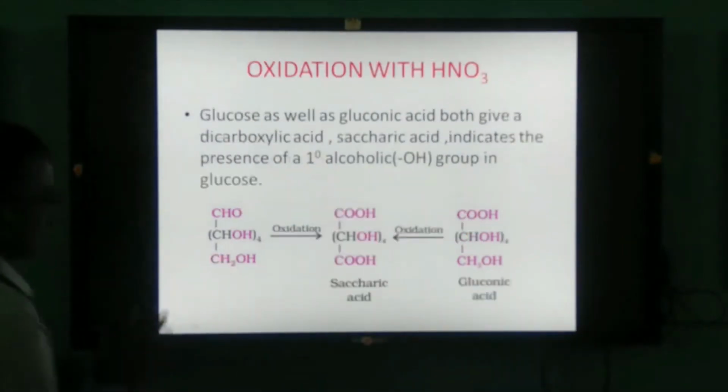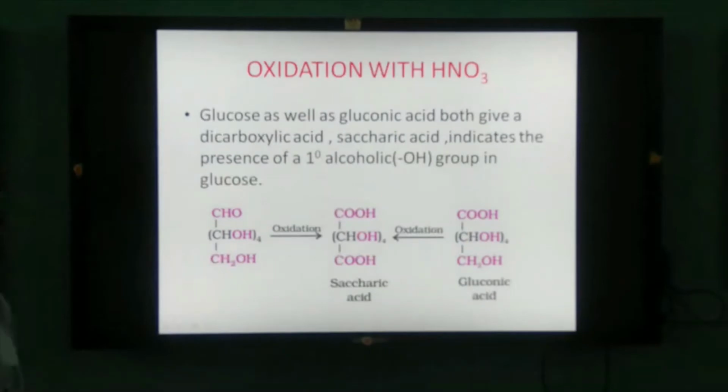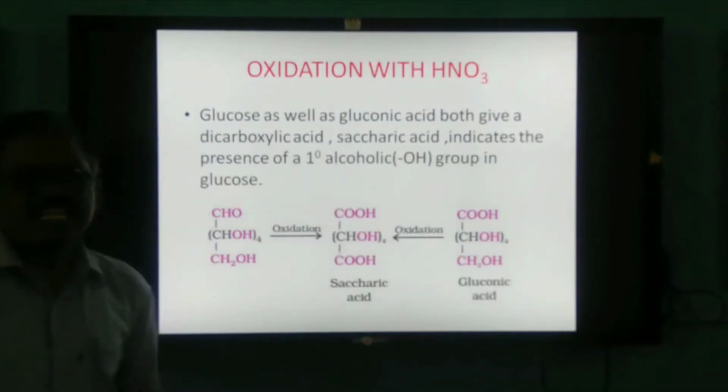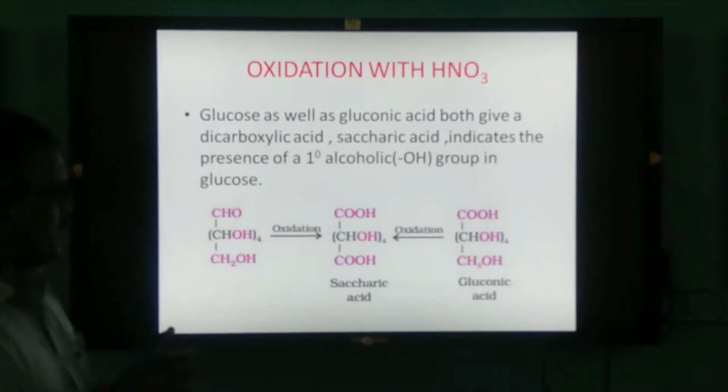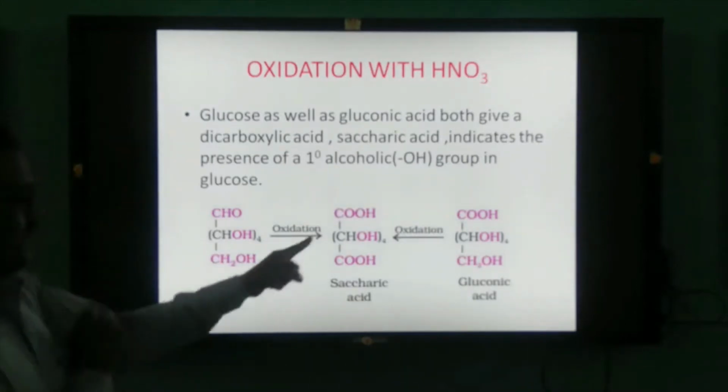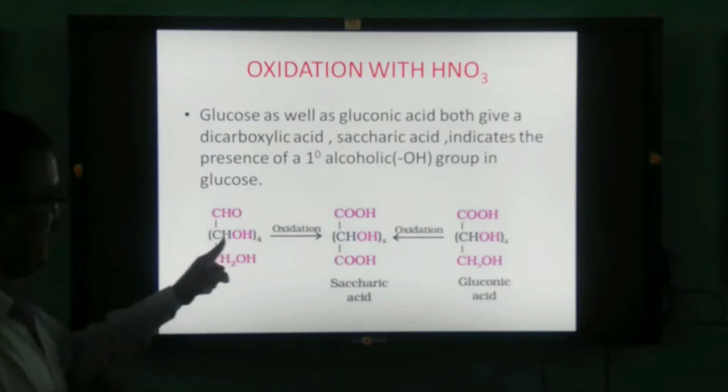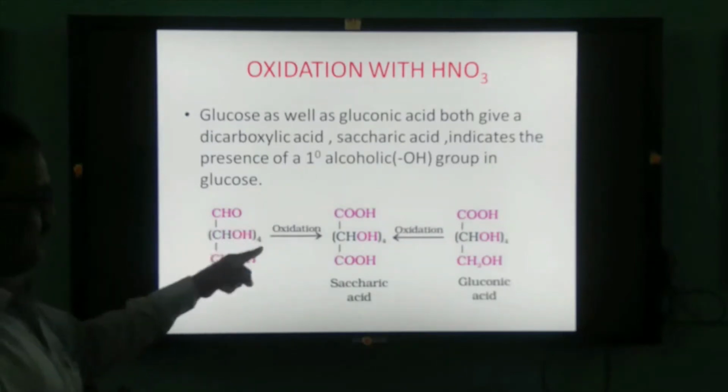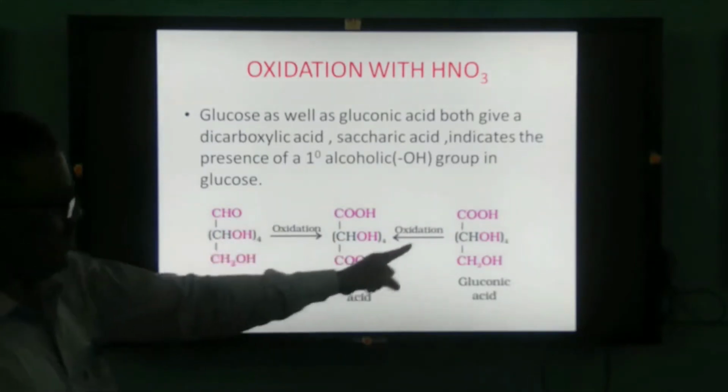Next, oxidation reaction with nitric acid. When glucose is treated with a strong oxidizing agent like nitric acid, you see glucose on oxidation with bromine water has already given gluconic acid.